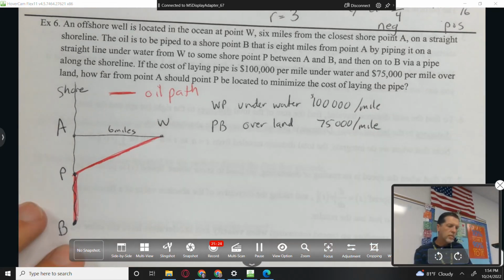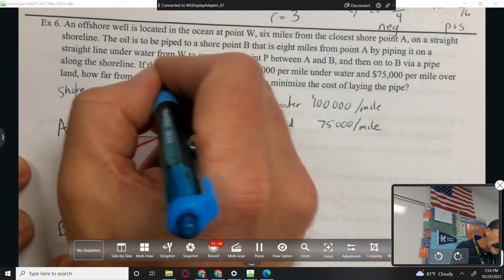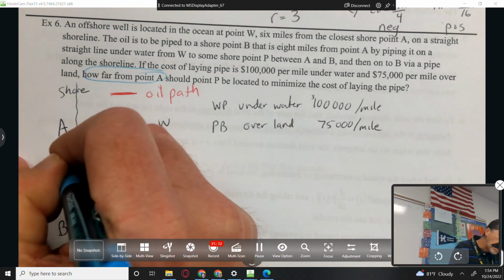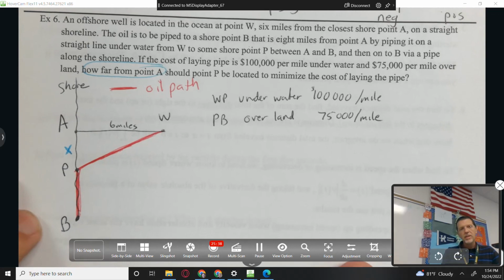How far from point A? Okay, this tells me how to label things. How far from point A should point P be located to minimize the cost of laying the pipe? Whew.